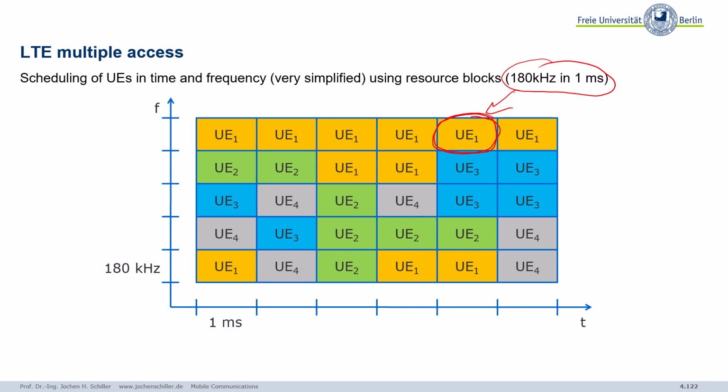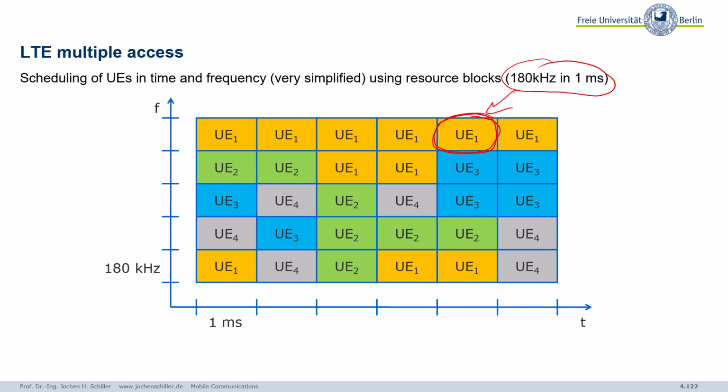We can also assign a certain part of the spectrum for longer time, for several resource blocks. We can do a repeated assignment of resource blocks. This is one way of guaranteeing data rates. If you just repeat a certain pattern of allocation, then we can easily schedule data streams with a guaranteed data rate.